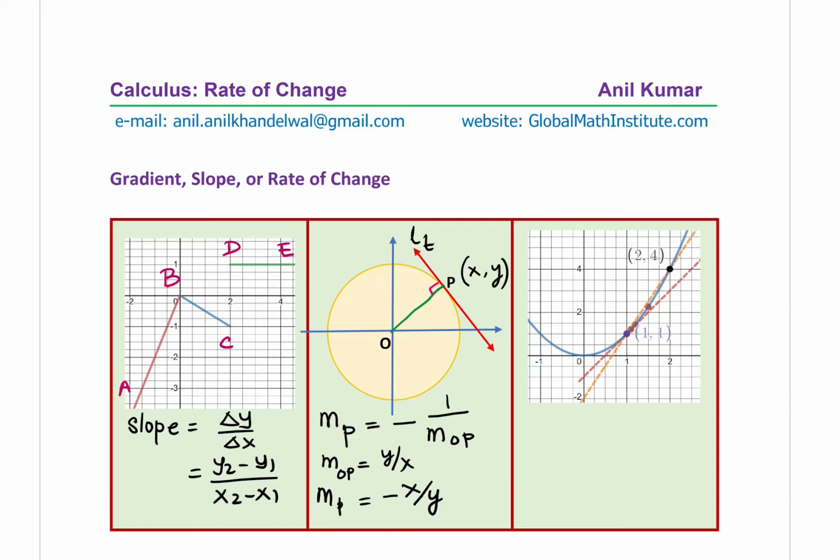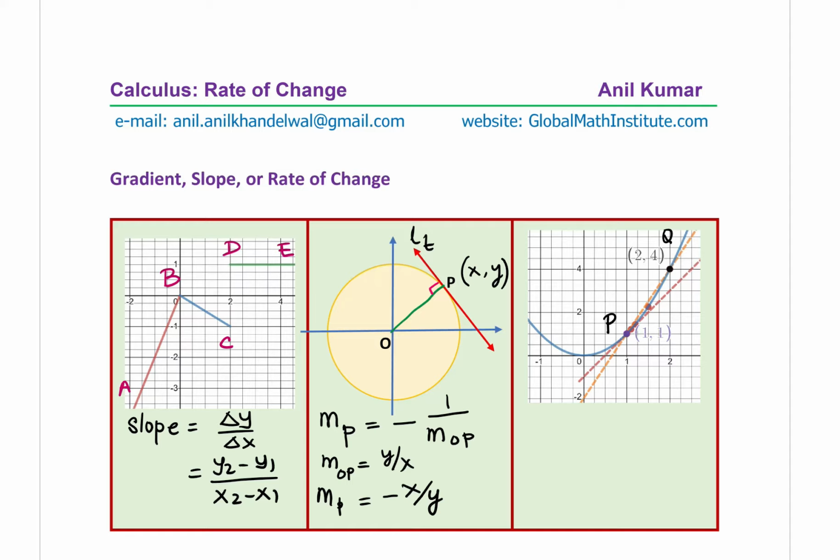Now, in case we are working with different curves, not circles, let us take a parabola. We could take a point P and a point Q here. Initially, let us say Q is at (2, 4) and point P is at (1, 1).